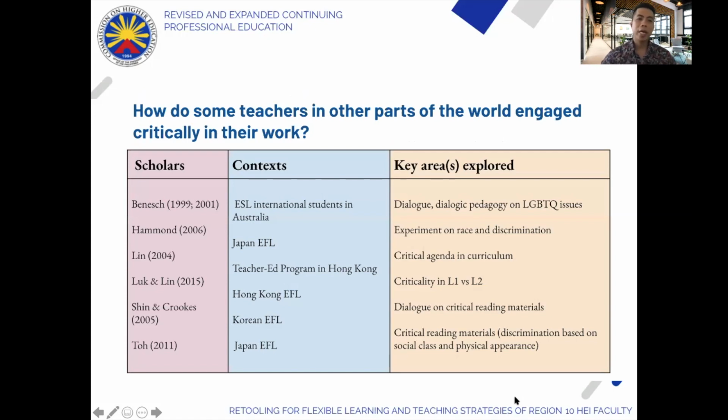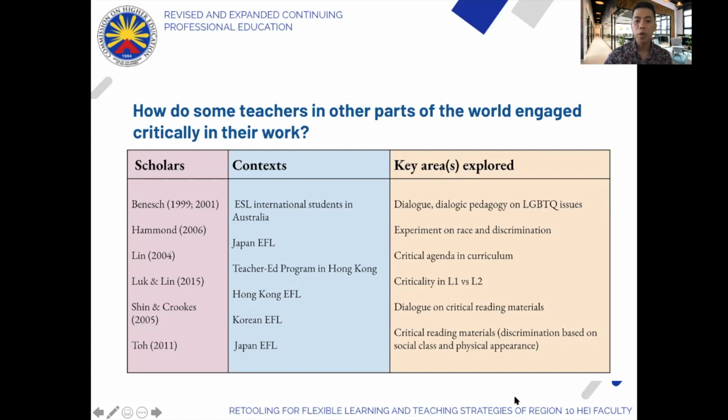These are some of the ways through which teachers in other parts of the world engage critically in their work. I would say that this is more coming from a critical pedagogy perspective. For instance, Vinesh was doing dialogue in her classes, and she included topics on LGBT issues to raise awareness about discrimination.